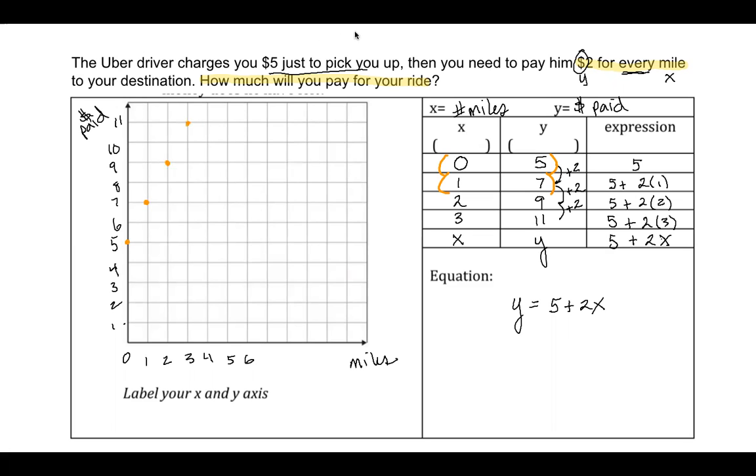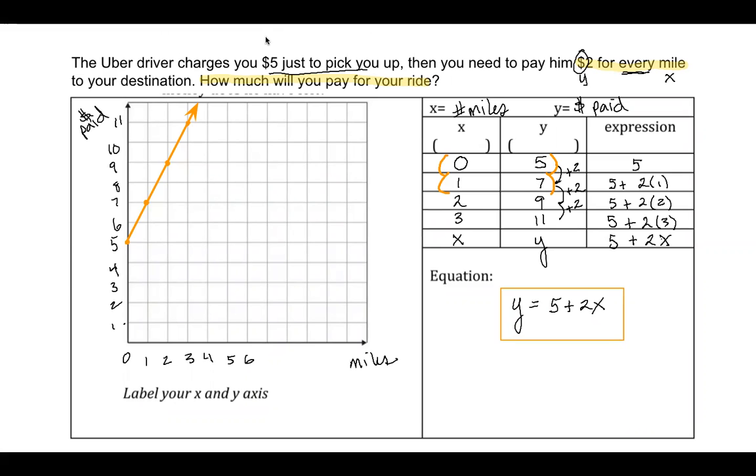And then I can draw a line through all these beautiful points. And I have graphed this situation. The situation with the Uber driver and how many miles you're driving and how much money you have to pay. And I know that this line has this equation. Y equals 5 plus 2x. These go together.